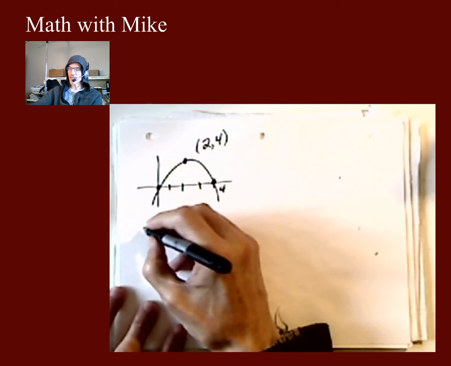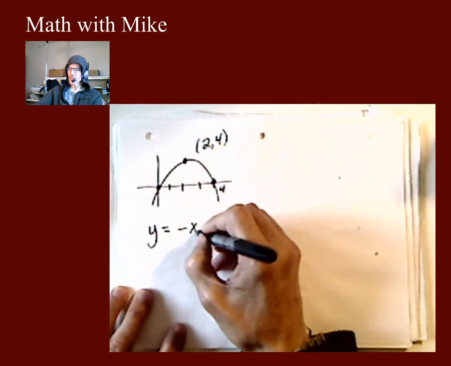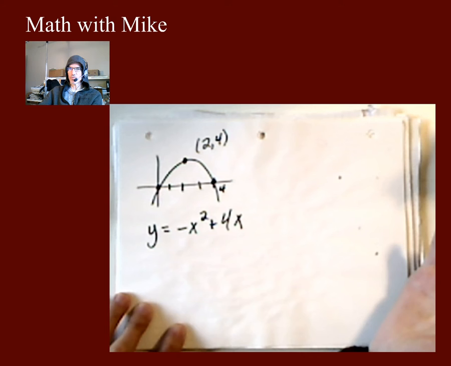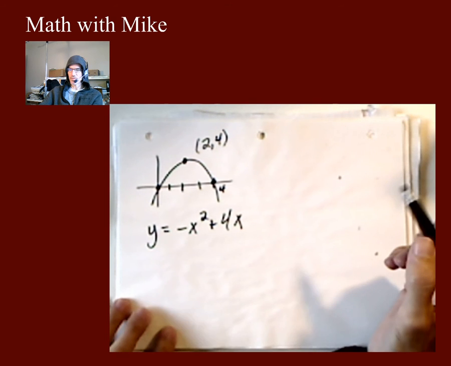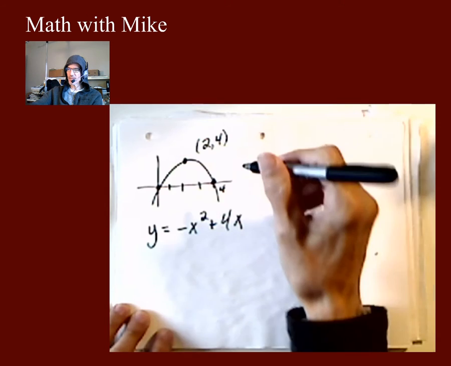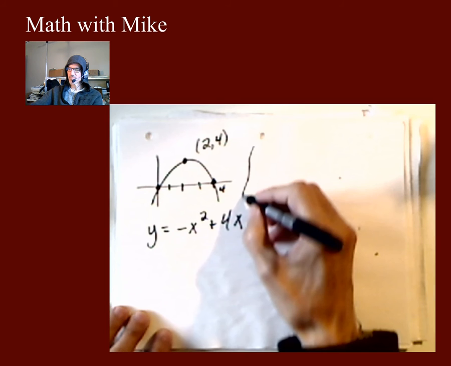Oh yeah, and the equation is y is equal to minus x squared plus 4x. Well, the question was, where is this graph flat? We know, at the top. Okay, so let's find it. How? By using calculus. This is what you would do.